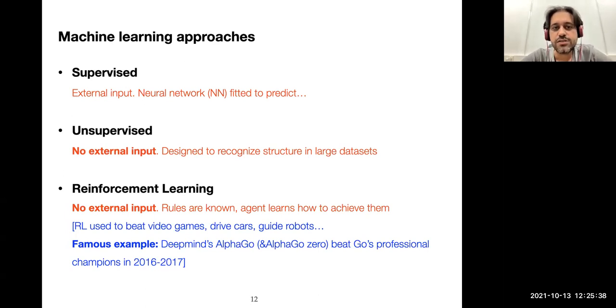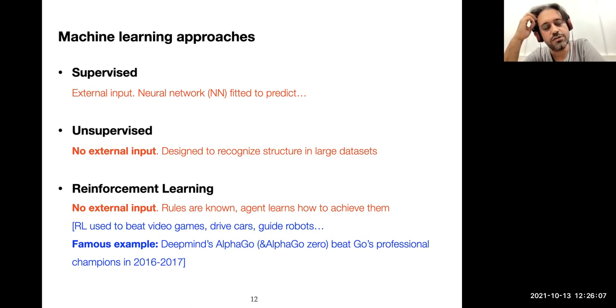The first one is the so-called supervised machine learning algorithms, where you have a bunch of data, you take a subset of this data, which you use as external input, and then you use it to train a neural network. You can think of the neural network, if you don't know what it is, as a universal function approximator. It has lots and lots of parameters, and you use this external data to fit these parameters, and then you use this neural network to make predictions.